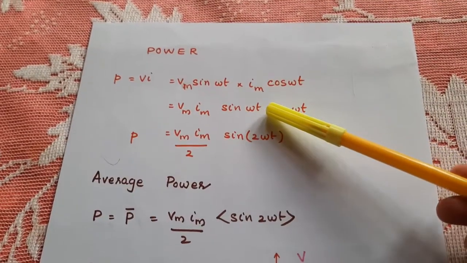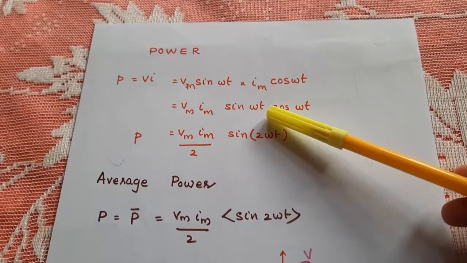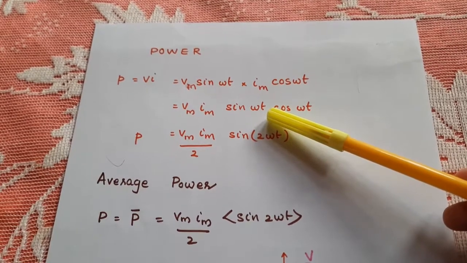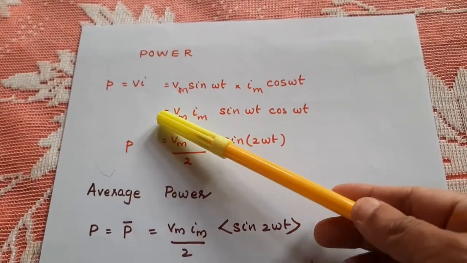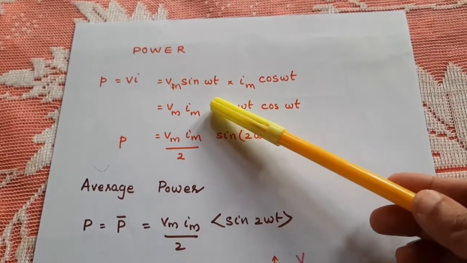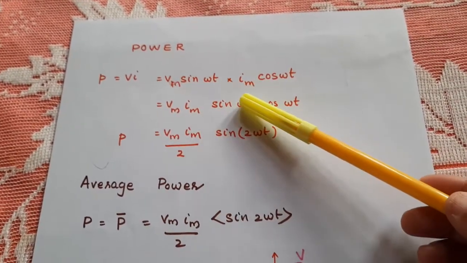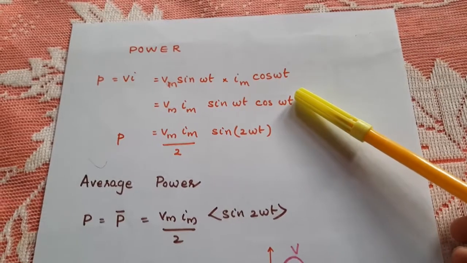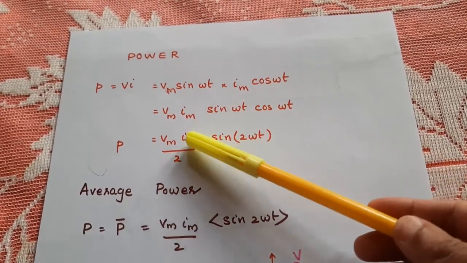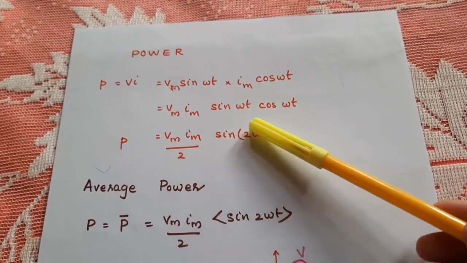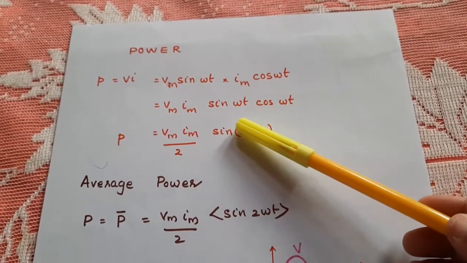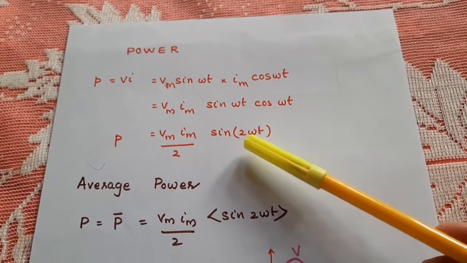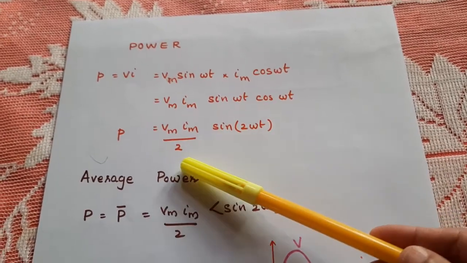Now let us find the power dissipated in a purely capacitive circuit. Instantaneous power P is equal to Vi, which is equal to Vm sin omega t into Im cos omega t, or Vm Im sin omega t cos omega t. Sin omega t cos omega t is sin 2 omega t by 2.